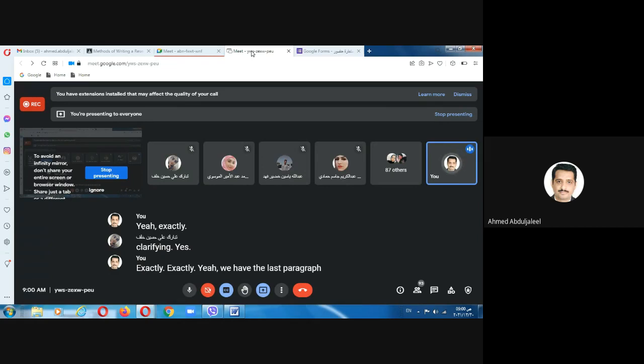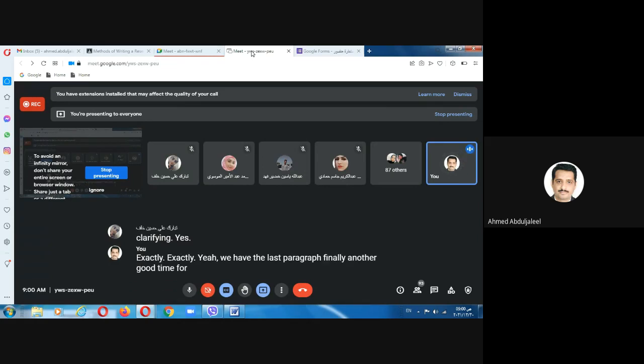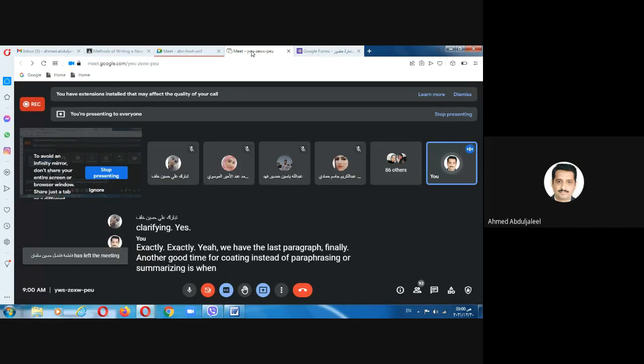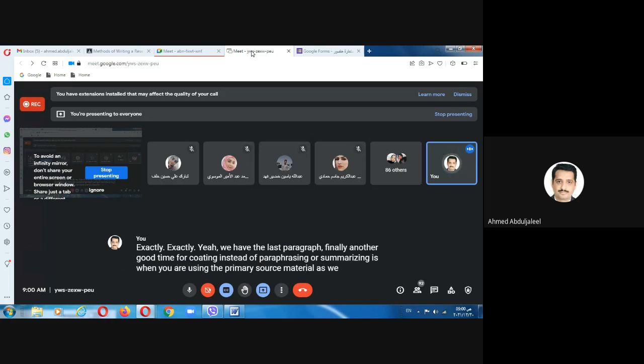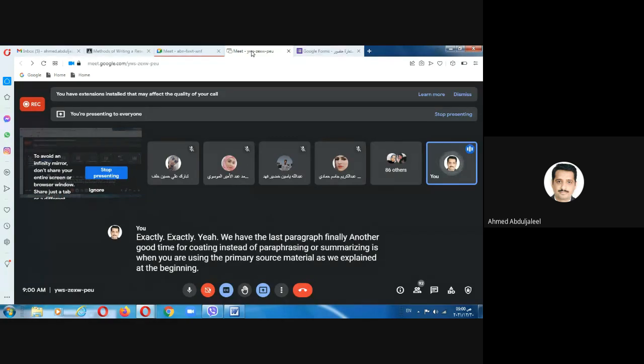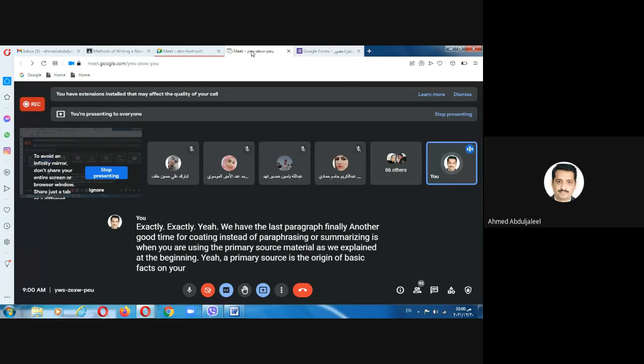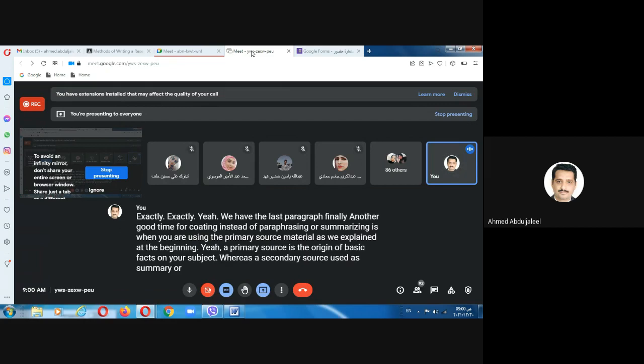Finally, another good time for quoting instead of paraphrasing or summarizing is when you are using the primary source material. As we explained at the beginning, a primary source is the origin of basic facts on your subject, whereas a secondary source is used as a summary or uses a primary source or other secondary sources as its basis.